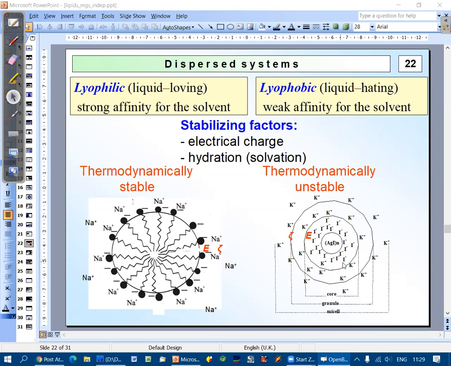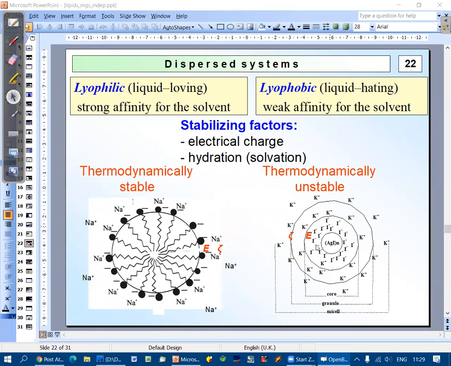Evidently, it was the reaction between a soluble salt of silver and potassium iodide. And this potassium iodide was taken in excess.